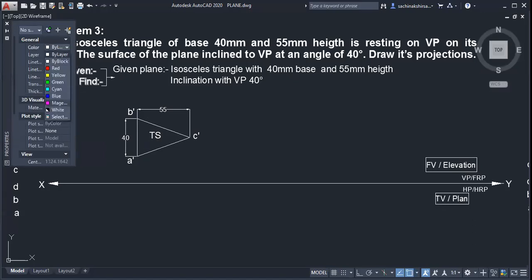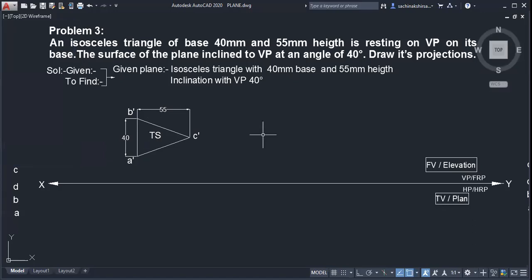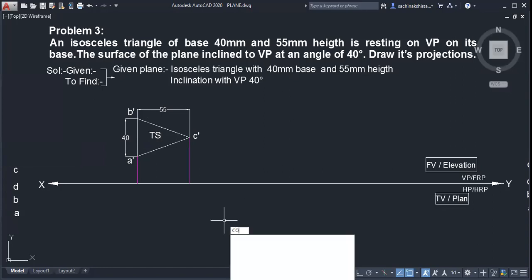Projector lines. We have to draw projector lines. Okay, this is one, and this is another. And then we have to locate the points. Simply we have to locate the points. Which point will come here?